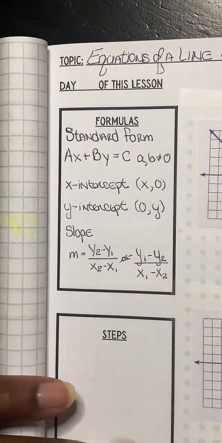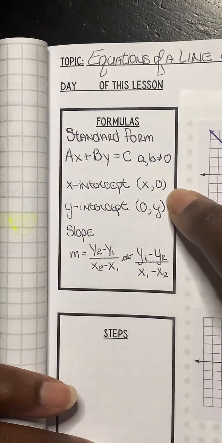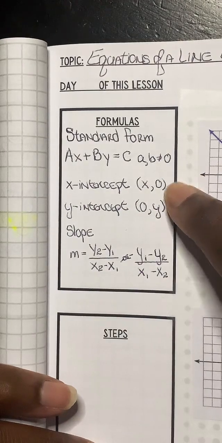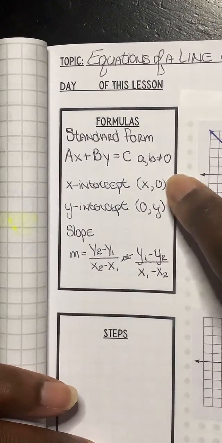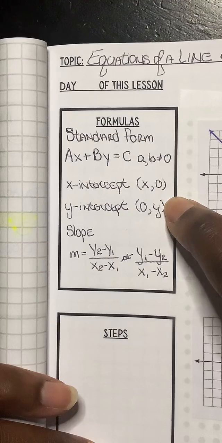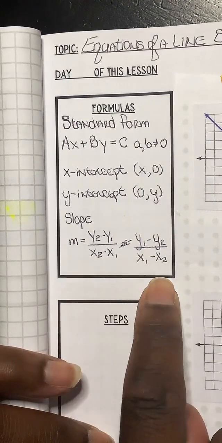One of the ways we're going to find it is by looking at the x and y intercepts. The x-intercept means your y value is equal to 0, and the y-intercept is when your x value is equal to 0.